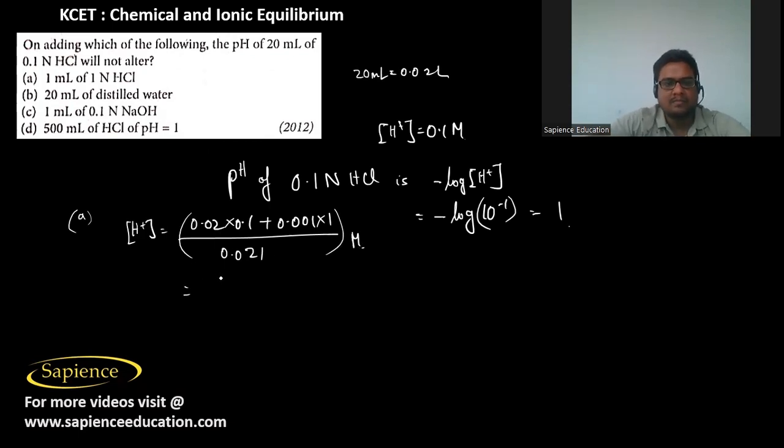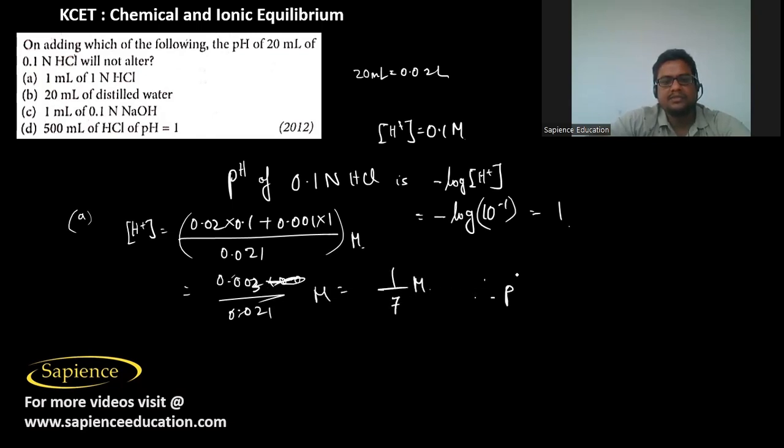So this much will be the concentration of H plus. That will be 0.002 plus 0.001, so it will be 0.003 divided by 0.021. So this will be 3 by 21, so 1 by 7 molar.